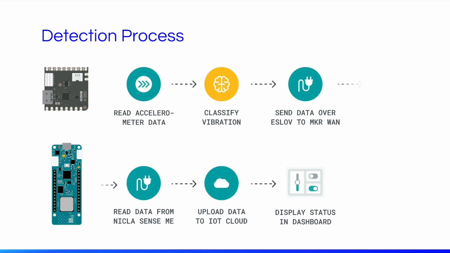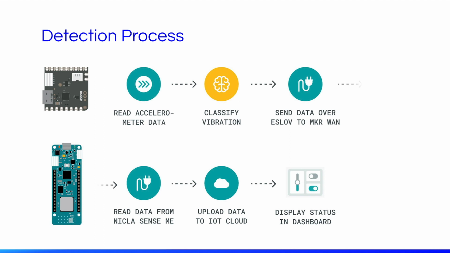Once the software is deployed, the detection process can run. The NiklaSense constantly reads from the accelerometer and runs a classification to see if there is a vibration or if it's running normal. Whenever the MakerBand requests the current state of the vibration, it will send that data over the cable.